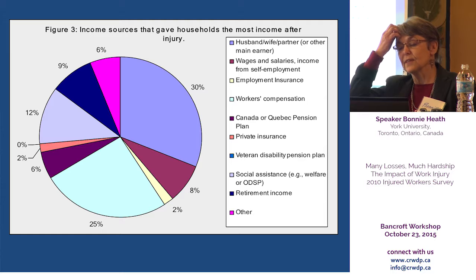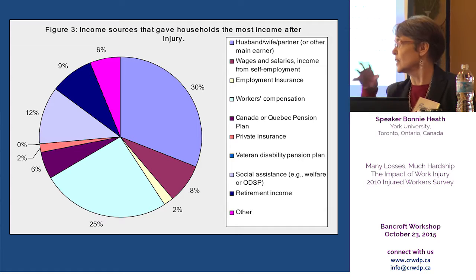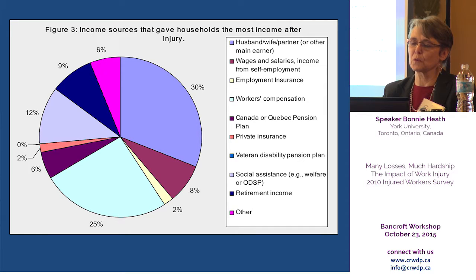And as you can see here, about 30% reported that their spouse, another main earner in the house, was the highest source, which is a very simple analysis, but it certainly jives with what we've been hearing. About 25% said that workers' compensation benefits were the highest source of income.